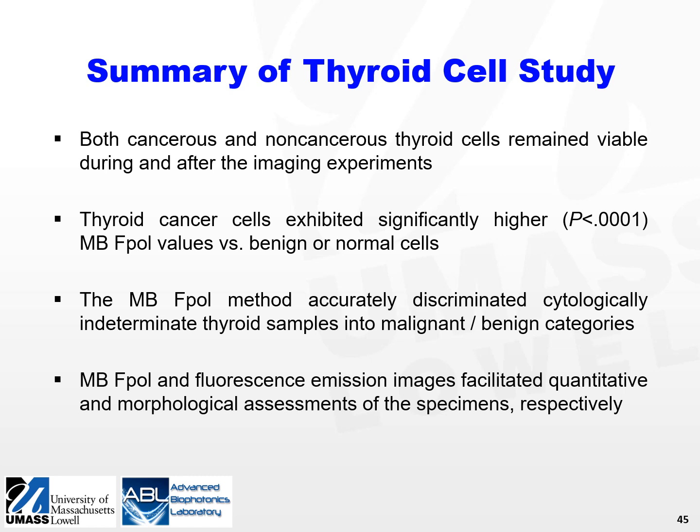This method accurately discriminated cytologically indeterminate thyroid samples into the correct malignant and benign categories. Methylene blue fluorescence polarization and fluorescence emission images facilitated quantitative and morphological assessments of the specimens, respectively.